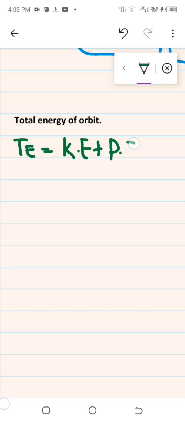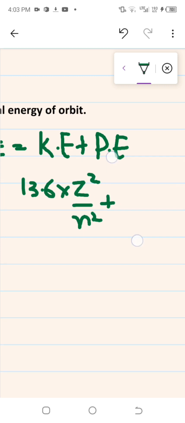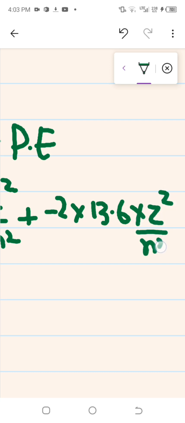As we have discussed in our previous classes, total energy is the sum of kinetic energy and potential energy. So the kinetic energy which we have gotten, that is 13.6 Z square by N square, plus the potential energy which we have gotten, that is minus 2 into 13.6 Z square by N square.